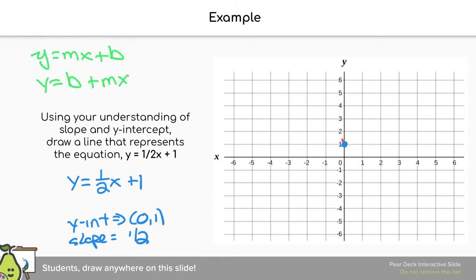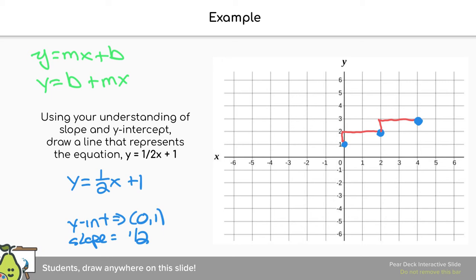So let's start with our y-intercept, and let's rise 1, and let's run 1, 2, and now this is going to be our next point. And we can even graph more if we have a large enough graph. We're going to rise 1 and run 1, 2, and there's going to be our point. As we can see, this looks like the stairs that we've been working with, the rise and the run.